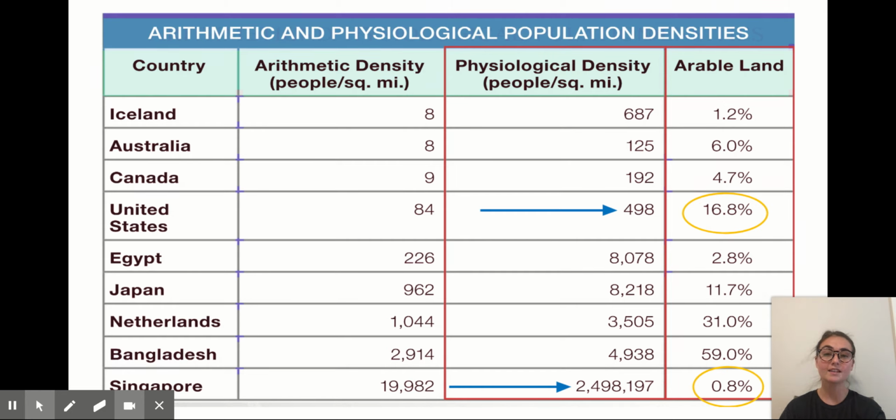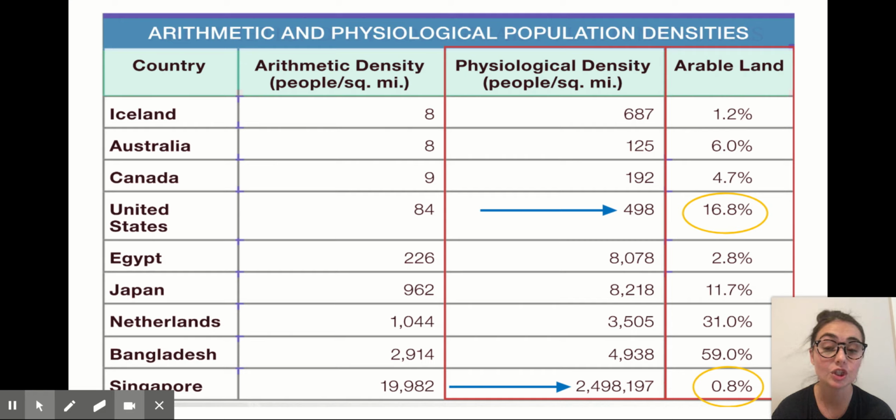Now when we look at this, we can see, because we've been looking at the United States and Singapore, that the United States goes up a little bit to 498 people per square mile in physiological density, but Singapore goes to 2,498,000 people per square mile on arable land.